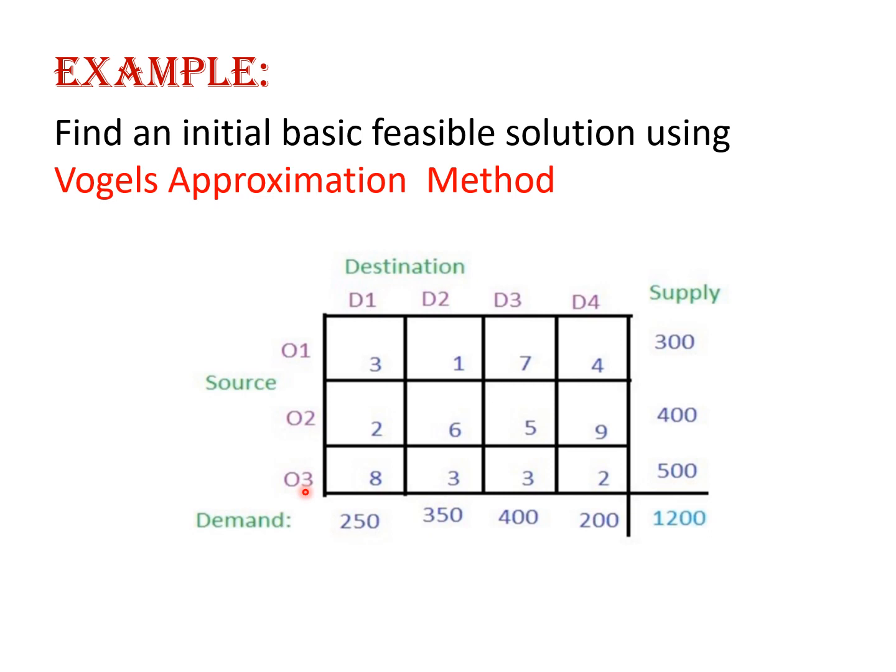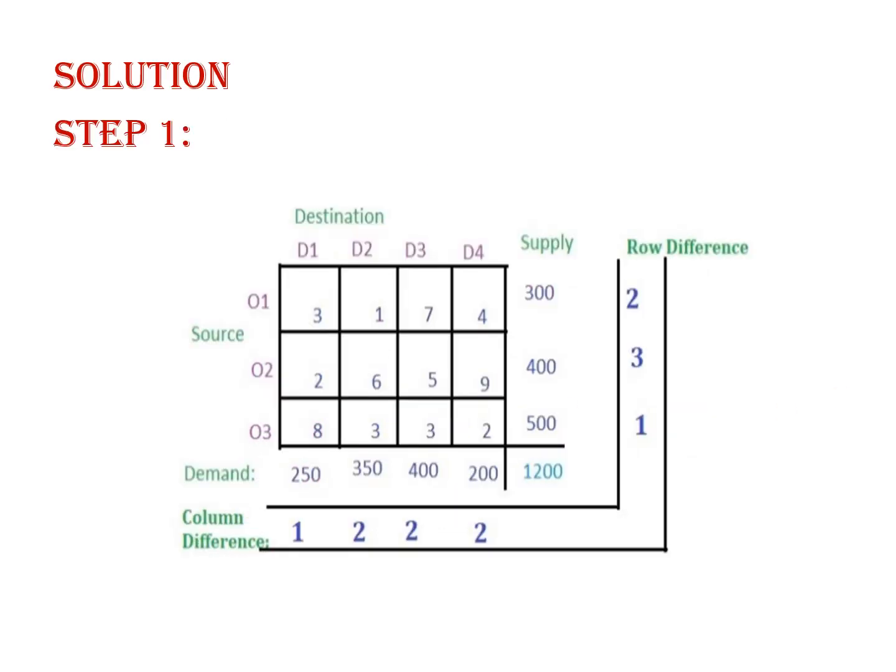The destination requirements are 250, 350, 400 and 200 in D1, D2, D3 and D4 respectively. Here, the total demand and the total supply are equal. The value is 1200. So, the given problem is a balanced transportation problem.